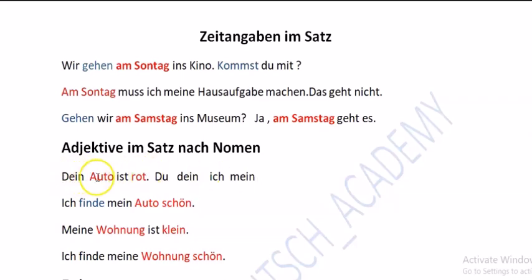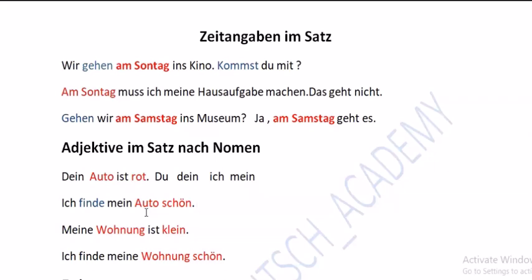So here, dein Auto ist rot. Your car is red. Ich finde mein Auto schön. It means I like my car, it is beautiful.